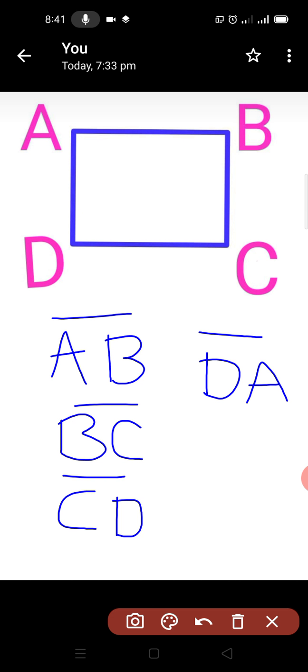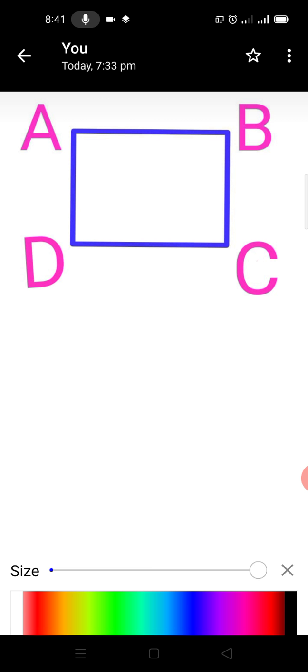Now we will observe angles. How many angles do we have for one quadrilateral? We have 4 angles.